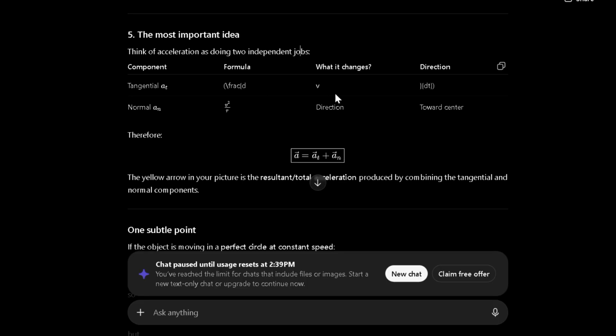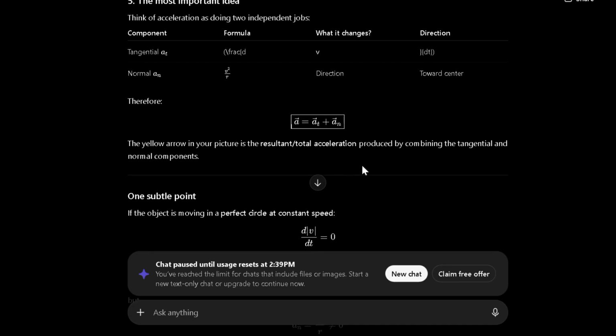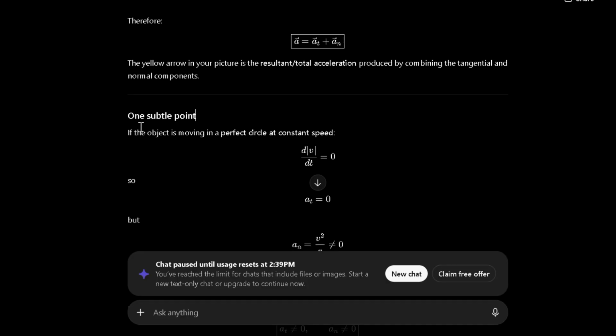This is what changes the magnitude, and this changes the direction, here towards the center. So the total acceleration arrow is pictured: the resultant acceleration, combining tangential and normal components.